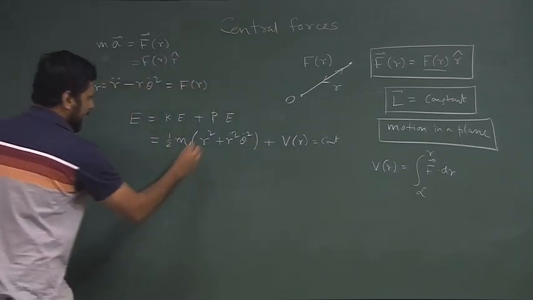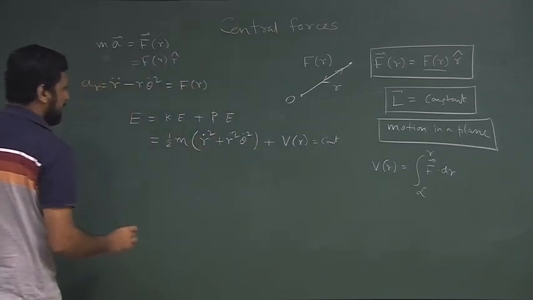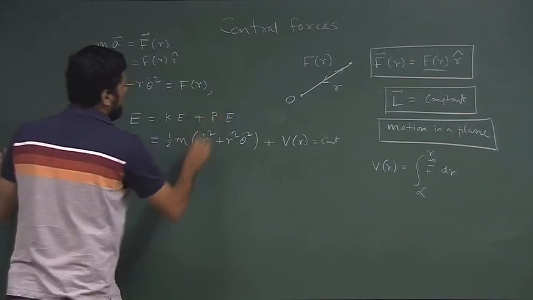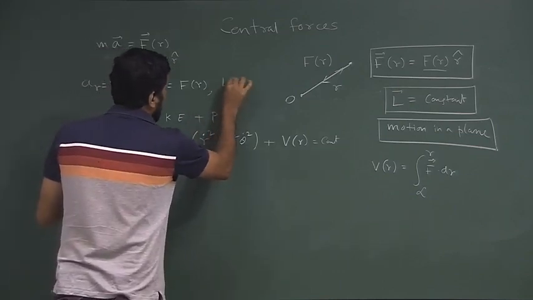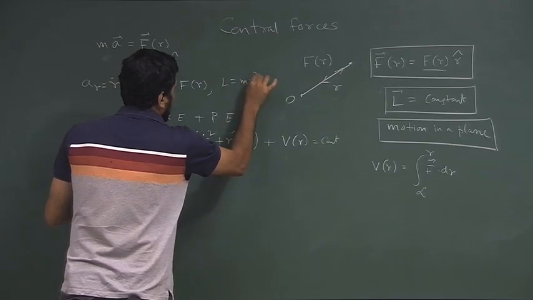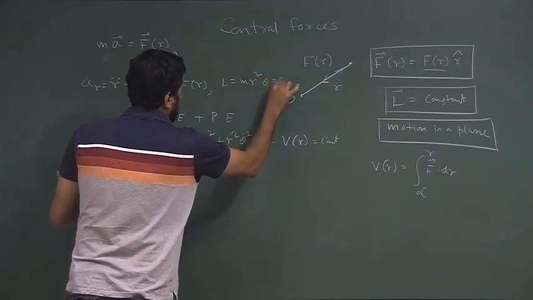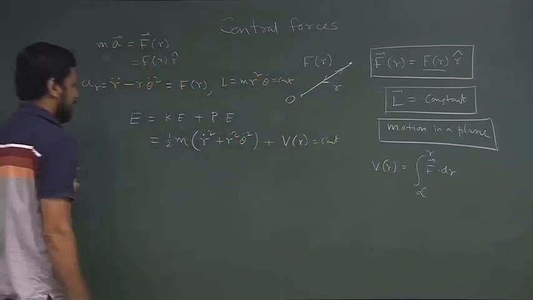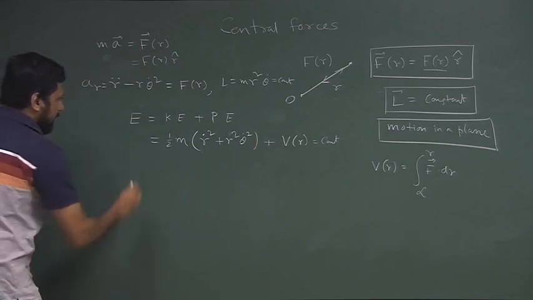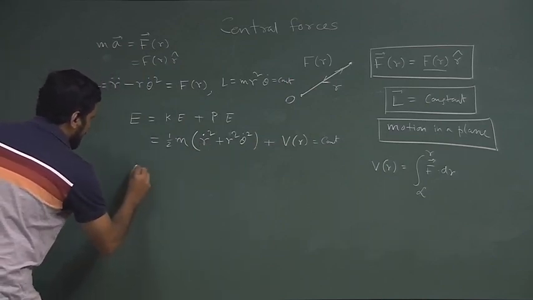Now, if we slightly rearrange this equation, and please keep in mind that L is equal to m r square theta dot, which is also a constant, what do we see?